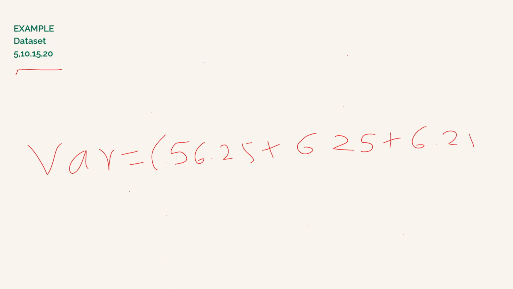So the variance is equal to 56.25 plus 6.25 plus 6.25 plus 56.25, divided by the number of elements present in the dataset.